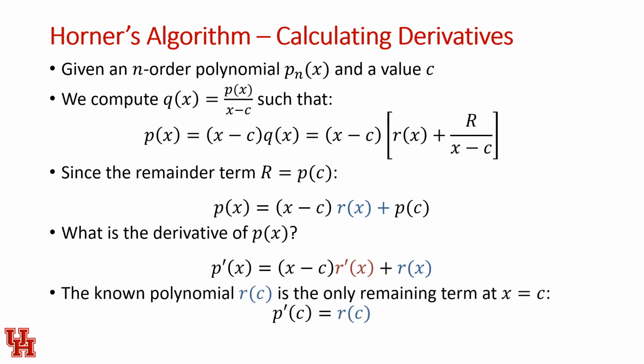This means that the derivative of p of x at c can be evaluated by finding the solution to the polynomial r of x at c. Note that this polynomial is produced as a result of Horner's algorithm. Therefore, 2 passes of Horner's algorithm will allow us to compute both the polynomial and its derivative at c. Both of these are computed in order n time.